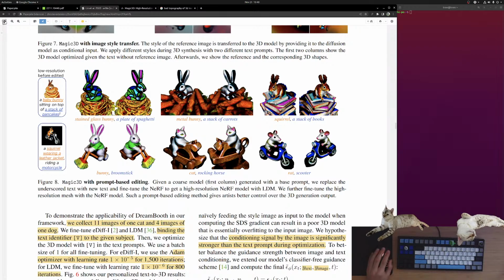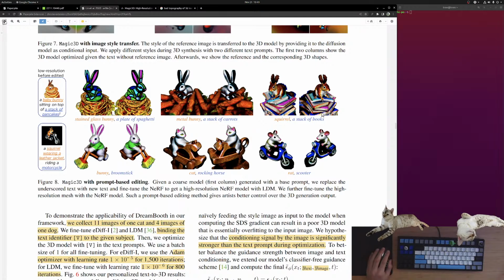But the really impressive thing here is how we can modify the mesh, right? Like the pancake, the spaghetti and the stack of carrots are very, very different meshes, very different format and structure, but you're still maintaining this idea of something sitting on top of something.